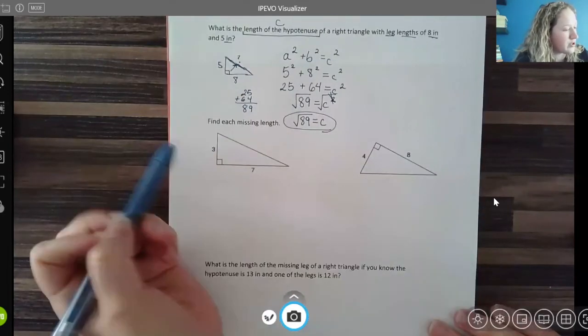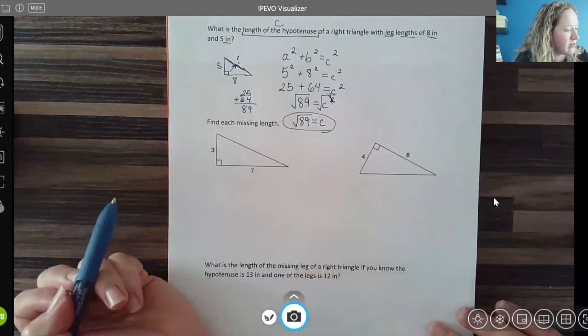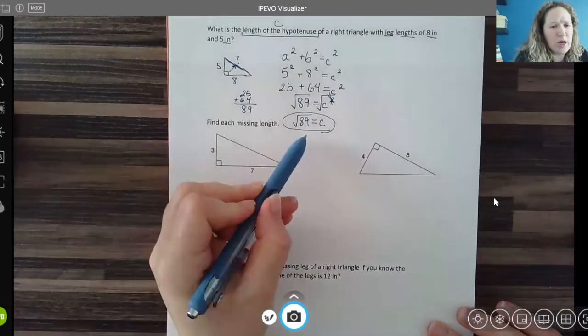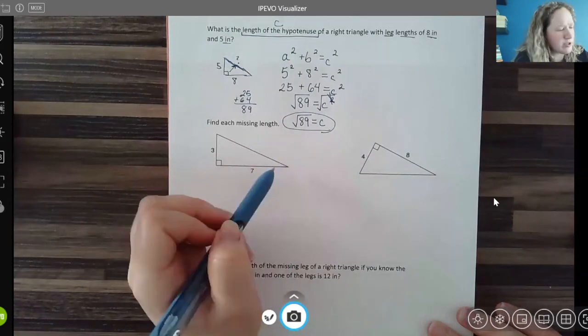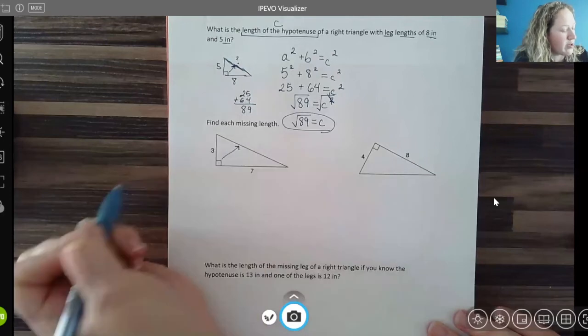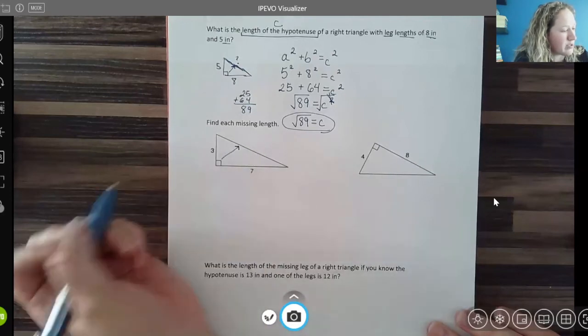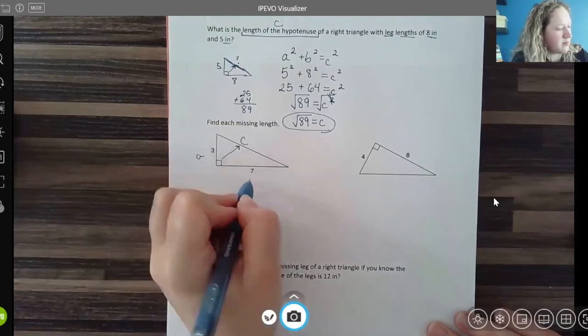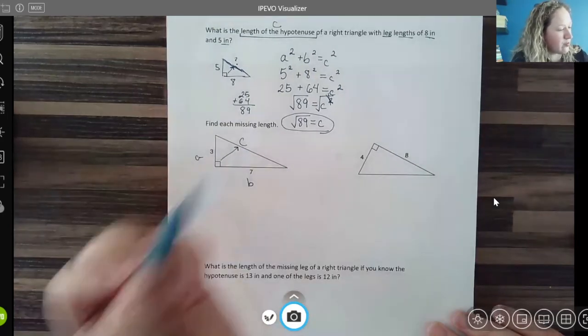For these questions, we're finding the missing length, but that's interesting because I have a picture, so that's really nice for me. So again, across from the 90-degree angle is my hypotenuse, so this is C. I could label this side A and B, and then I'm going to use my theorem again.